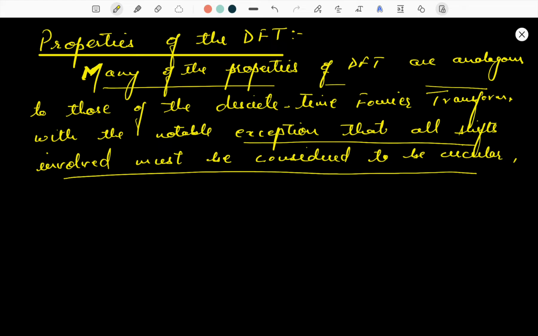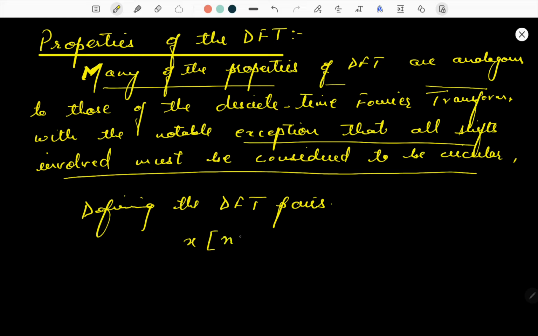Let's start. First of all, defining the discrete Fourier transform pairs, DFT pairs. What are these pairs? Simply, the sample x(n), if you take the discrete Fourier transform of this, it will become X(k).